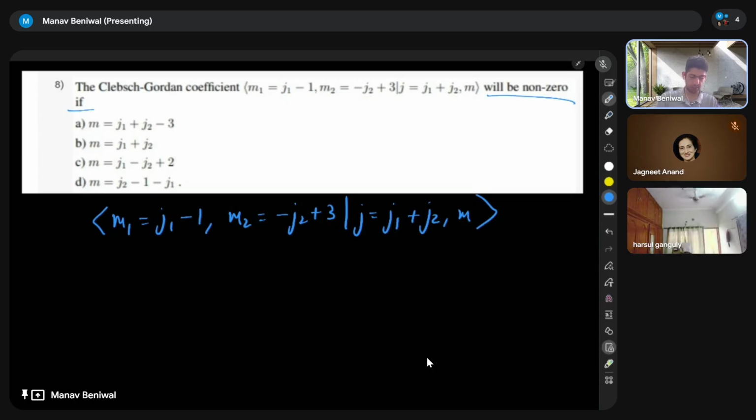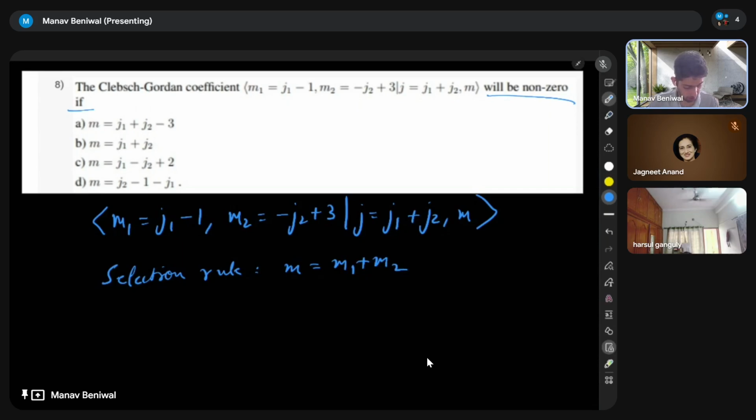So what will be our selection rule here? The selection rule will be that m equals m1 plus m2.